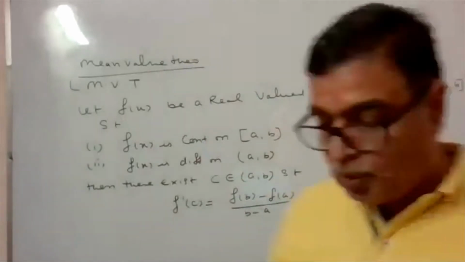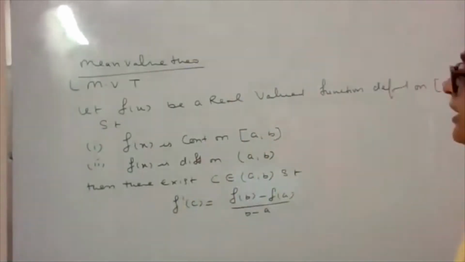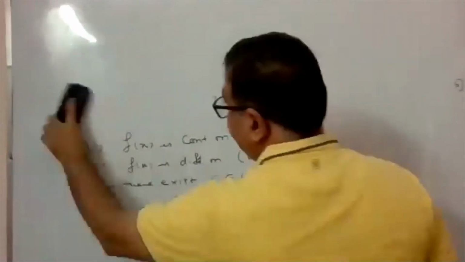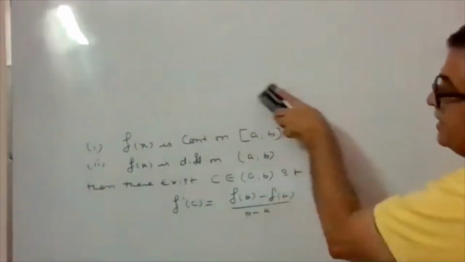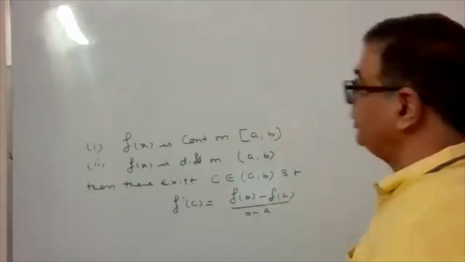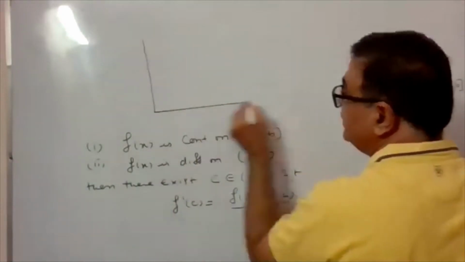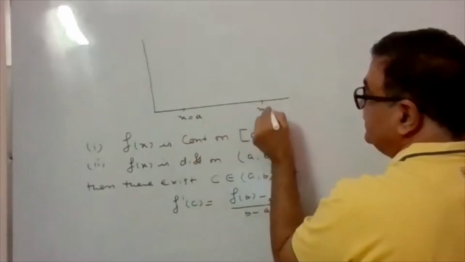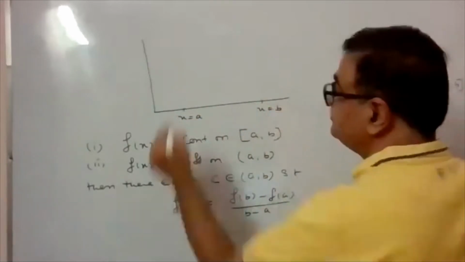Now what does it want to show, let's check that also. In this case, the missing condition is f(a) equal to f(b). This is x is equal to a, this is x is equal to b.